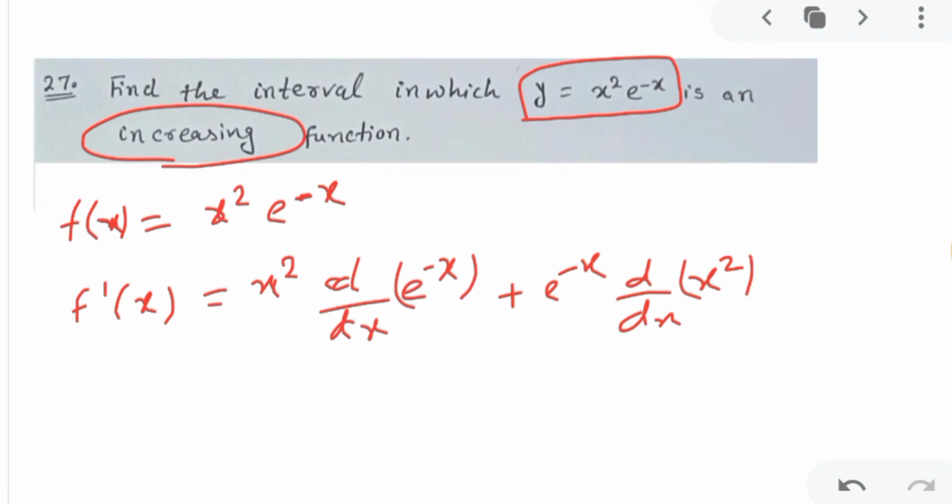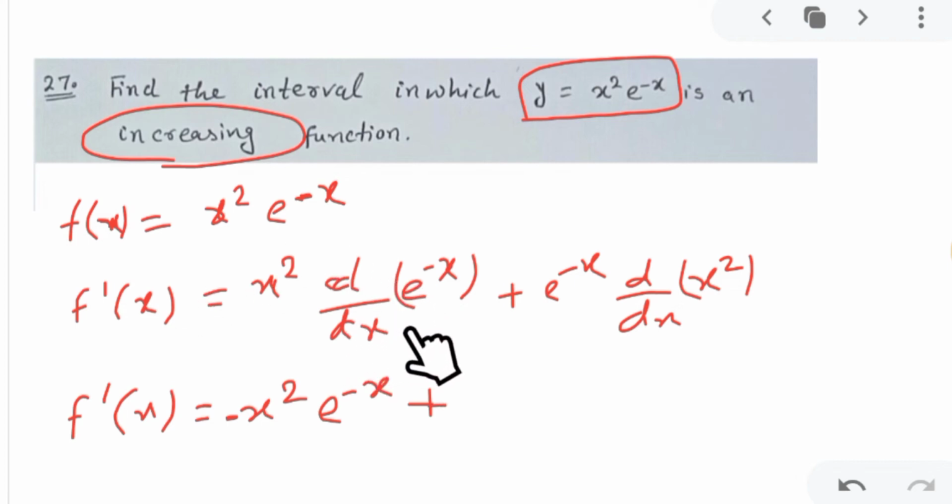So f dash x will be x square and the derivative of e to the power minus x will be e to the power minus x. Using the chain rule, e to the power minus x, and for minus x the derivative will be minus 1. So I am writing minus here. I hope you are comfortable with derivatives now, because I explained many questions in the previous videos.